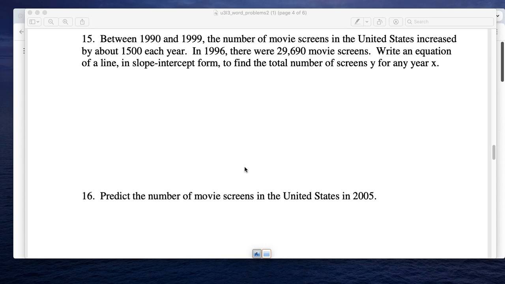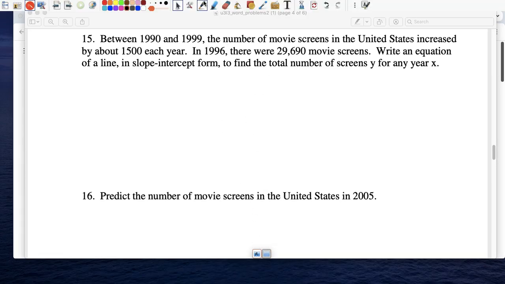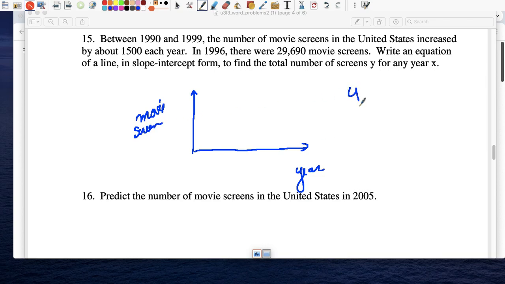Okay, so we can write this like this. This is year. This is movie screens. We know that y equals 1500x because that's the rate of change every year, but we don't know this guy here.